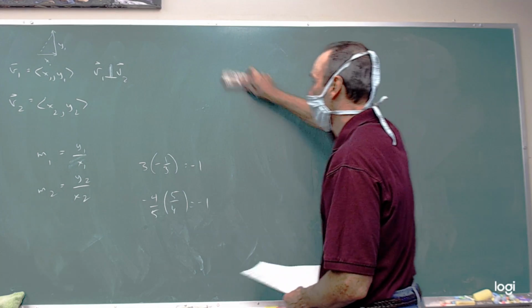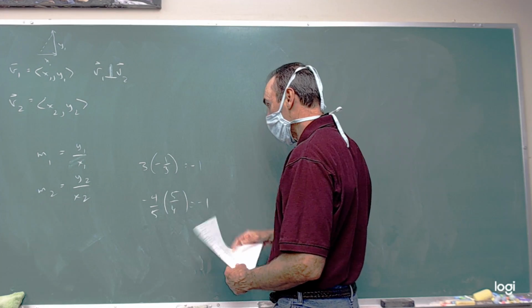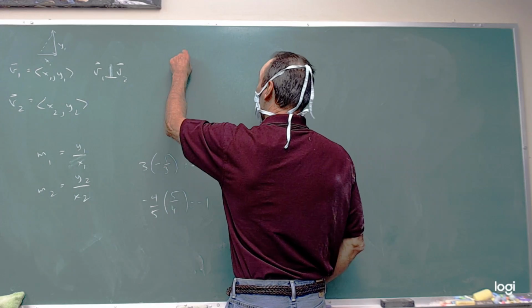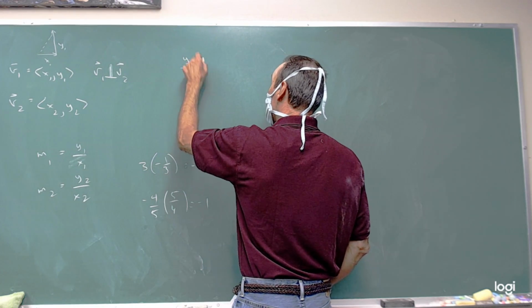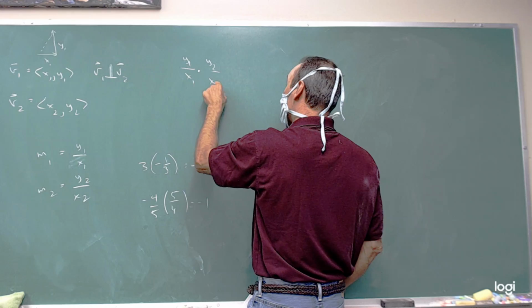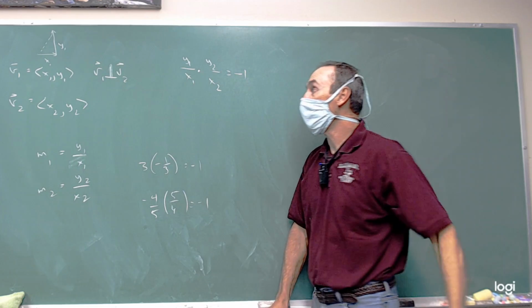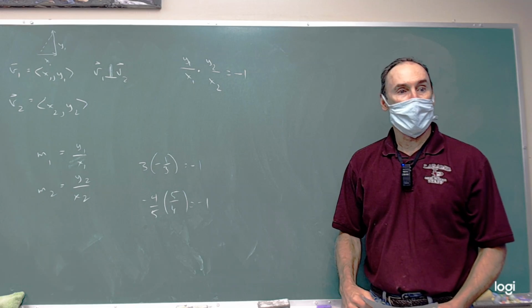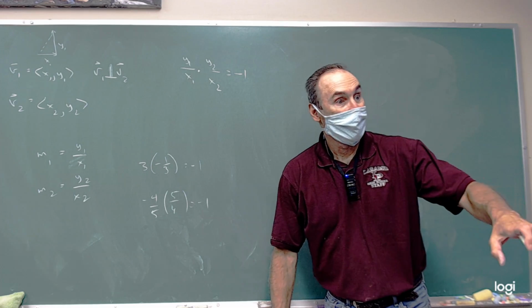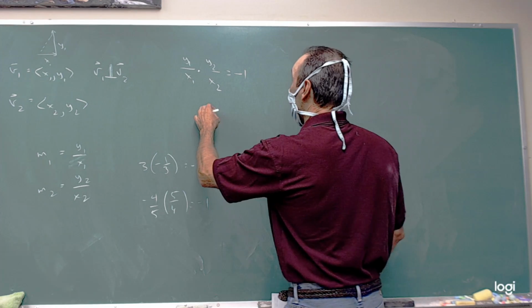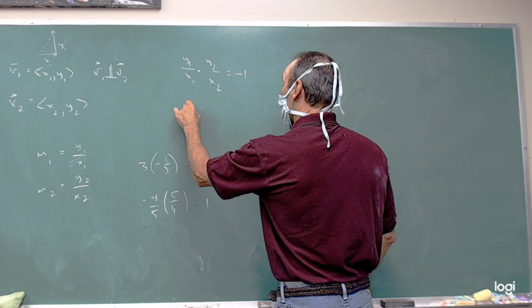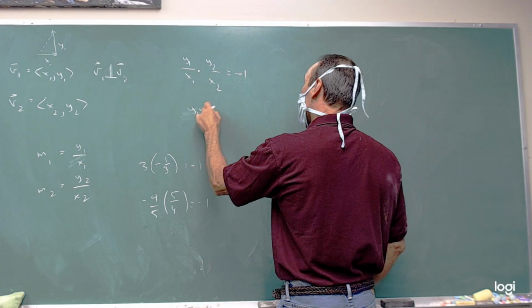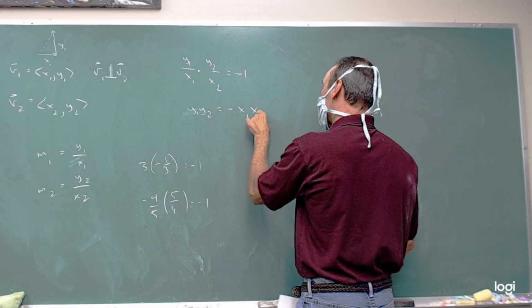So what we're saying is that if we multiply y1 over x1 times y2 over x2, that should be negative 1 if we started out with two perpendicular vectors, which is what we're claiming. Is that okay? So that's going to be y1, y2. I'm going to multiply the x1, x2 to the other side.